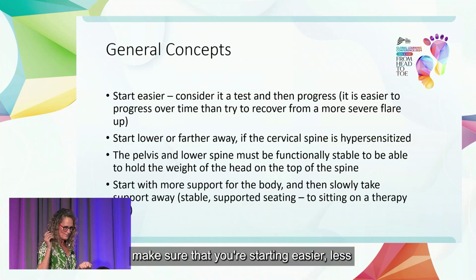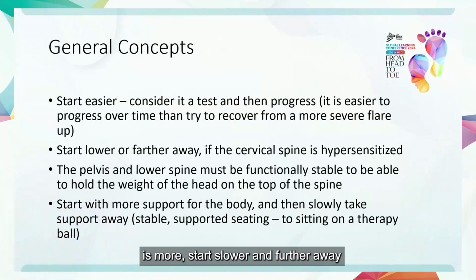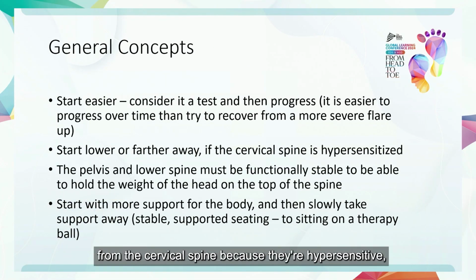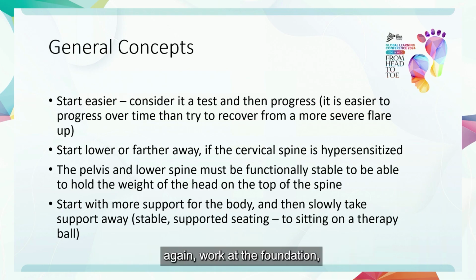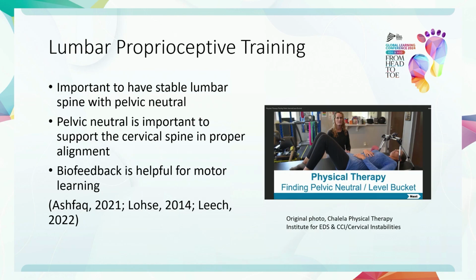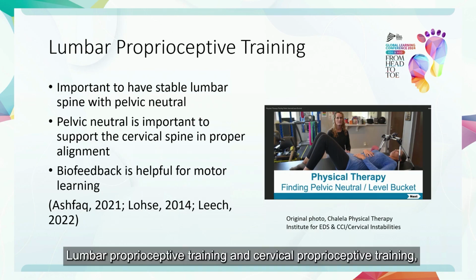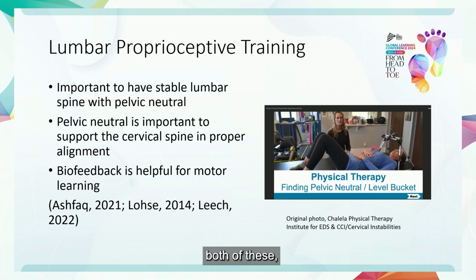General concepts, make sure that you're starting easier, less is more. Start slower and further away from the cervical spine because they're hypersensitive. Again, work at the foundation, okay? So feet, pelvis, and then slowly work up, okay? Lumbar proprioceptive training and cervical proprioceptive training, both of these.